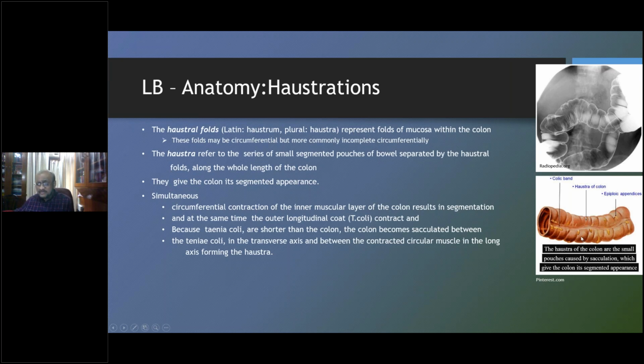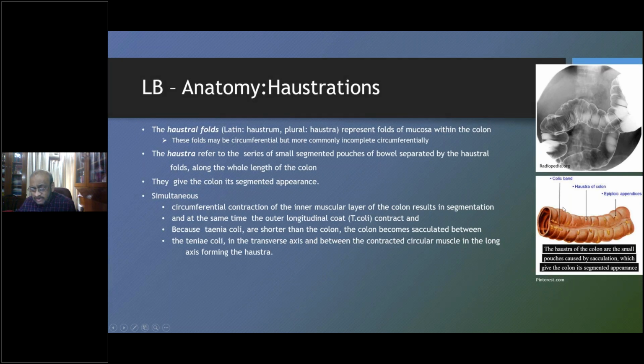But how do these segments form? The segments are basically formed because of the circular muscle contraction. So remember, at any given point of time, both muscles are contracting. The circular muscles are contracting, and the longitudinal muscles are contracting. So when the circular muscles contract, they give rise to the segmentation. See these segments, one segment, two segment, three segment. That is because the circular muscle has contracted here, so it has gone in, and this has gone out.